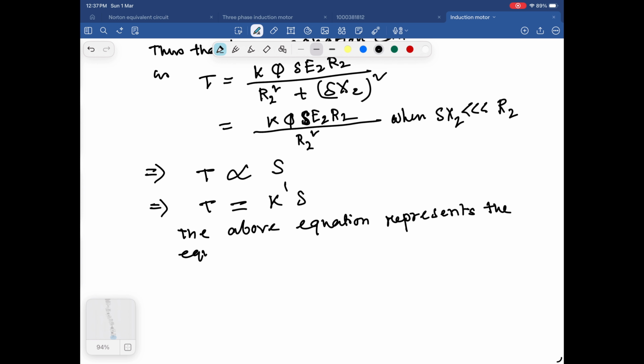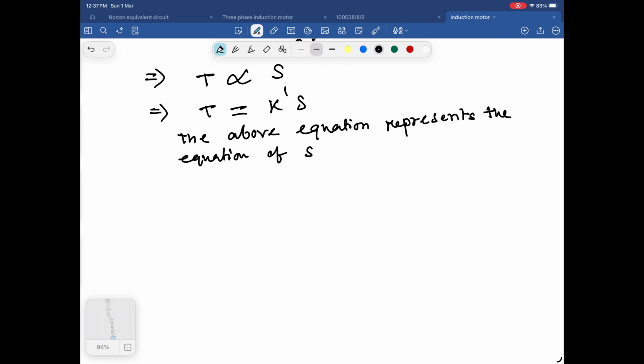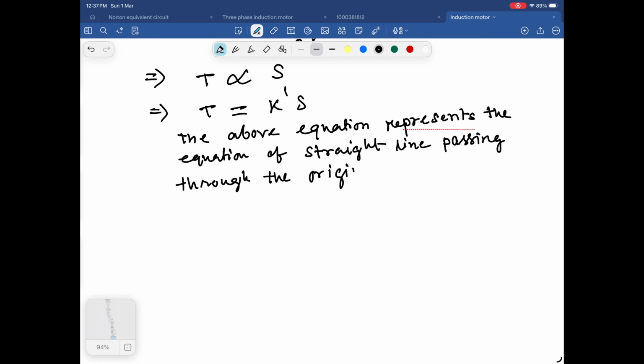If you see the graph, the initial region from 0 to A is a straight line passing through the origin. So whenever you draw the torque slip characteristics, be careful.